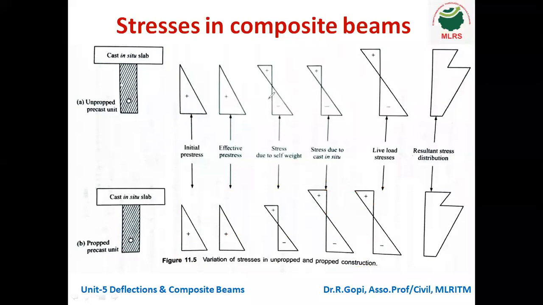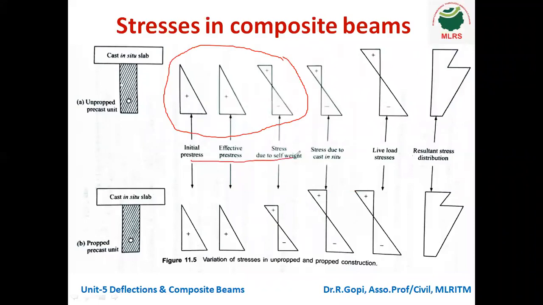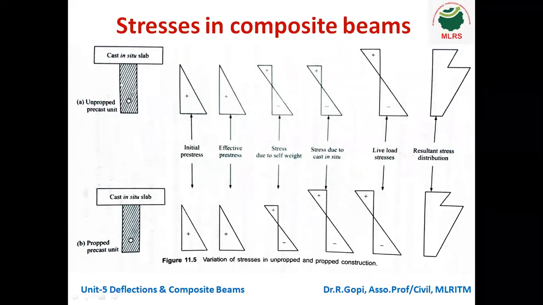Next, coming to the unpropped condition. The first three diagrams are the same as the propped condition: initial stress, effective stress, and stress due to self height. Next, coming to the cast in situ slab. As I already told, in the unpropped condition the cast in situ slab dead load is taken by the beam only.